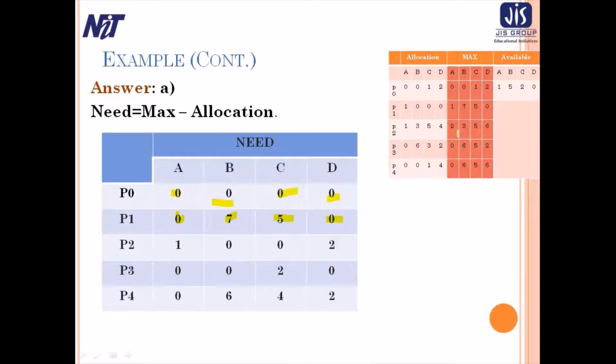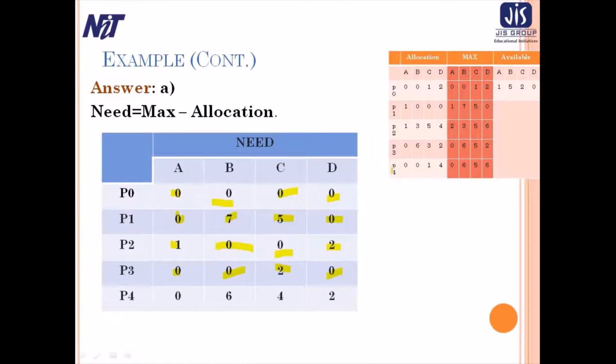Now for P2, 2 minus 1 is 1, from 3 minus 3 is 0, 5 minus 5 is 0, and 6 minus 4 is 2. So its need matrix is 1, 0, 0, 2. Now for P3, that is 0, from 6 minus 6 is 0, from 5 minus 3 is 2, and 2 minus 2 is 0.